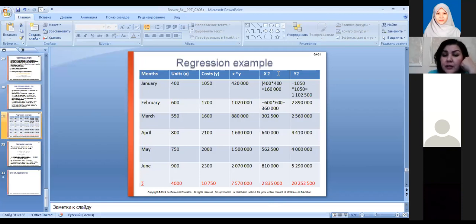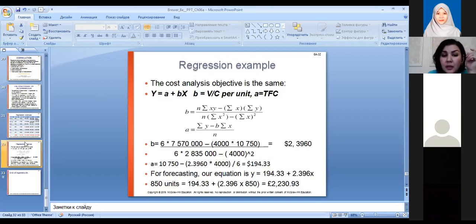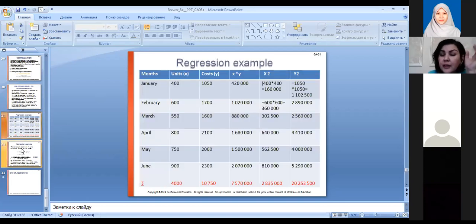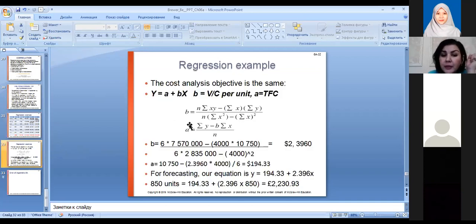Usually Excel is used, or you can make up any table in Excel, for example. And actually, there is a special program which may calculate regression analysis. So you just need to fill in data, and it will automatically calculate B and A values for you.